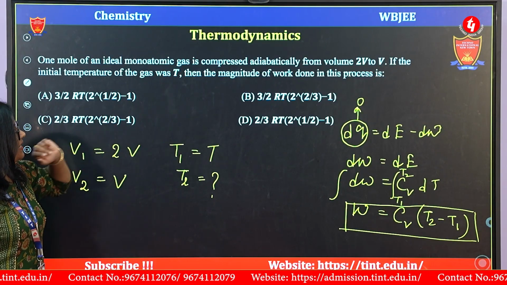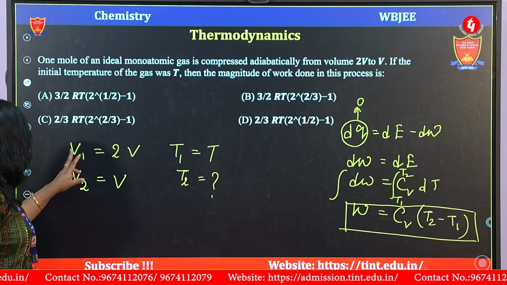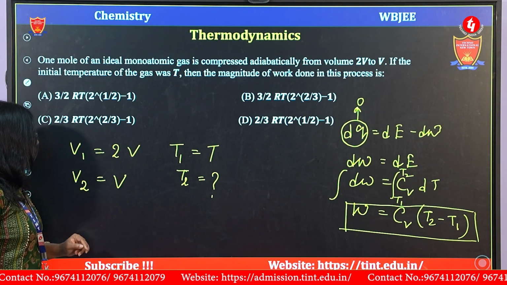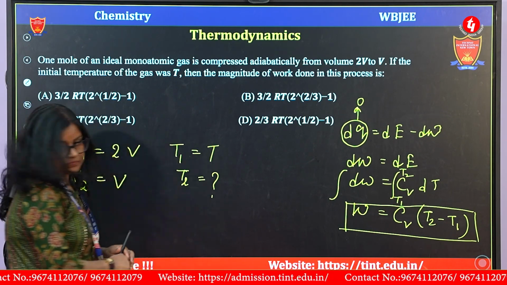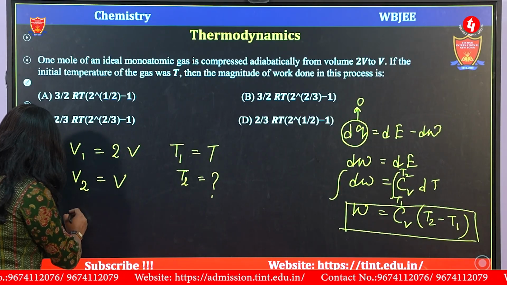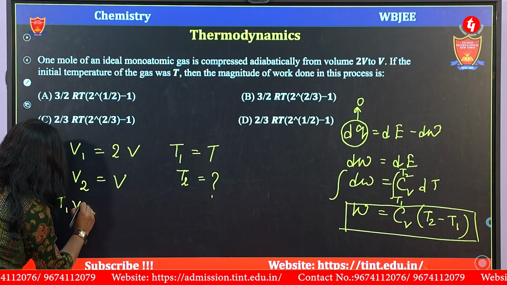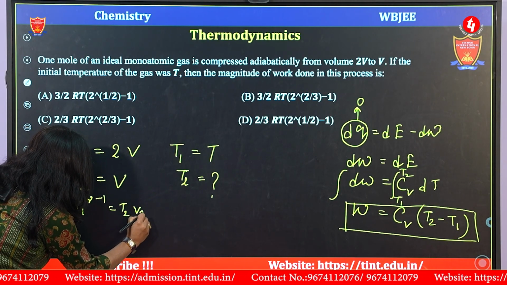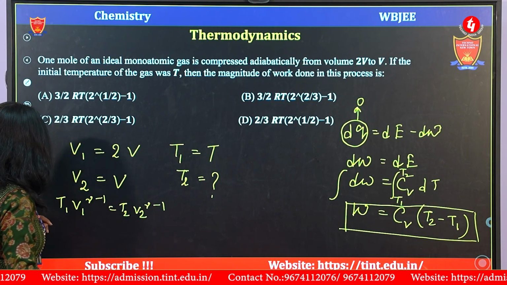For an adiabatic reversible process, the relation between temperature and volume is T1 V1 to the power gamma minus 1 is equal to T2 V2 to the power gamma minus 1.